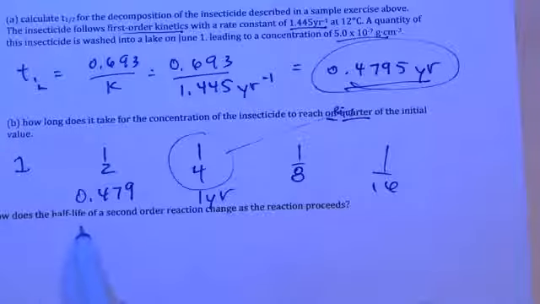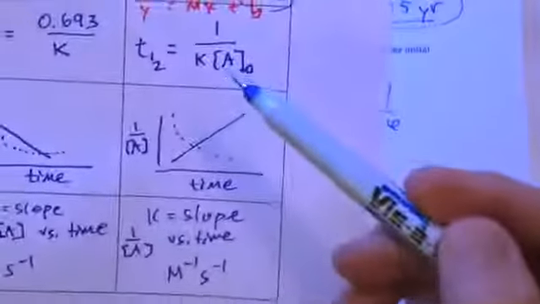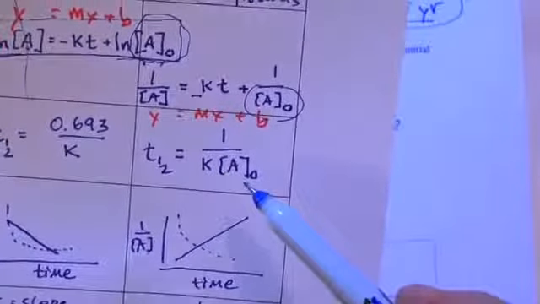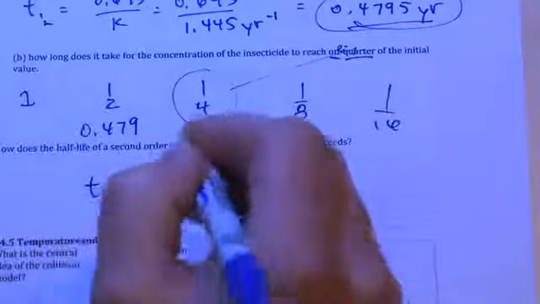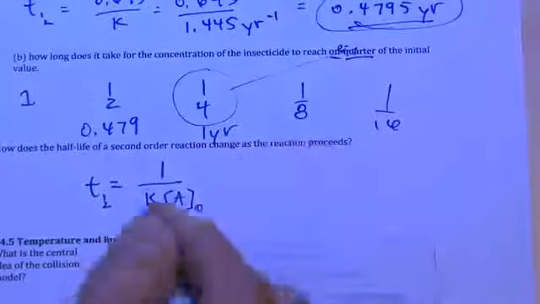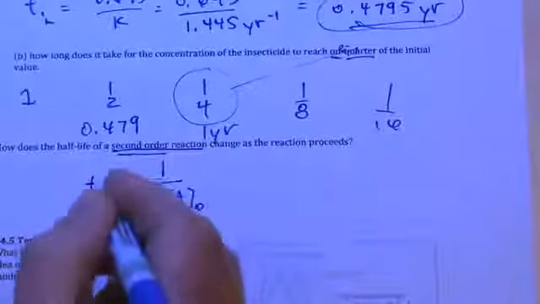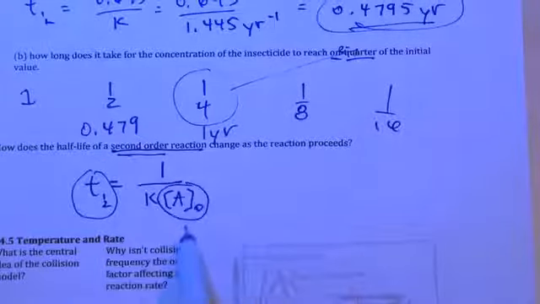How does the half-life of a second-order reaction change as the reaction proceeds? Well, if you take a look at the second-order half-life right here, you can see that T1/2 is equal to 1/k times A original. And you can see that this half-life for a second-order reaction is inversely proportional to the original amount.